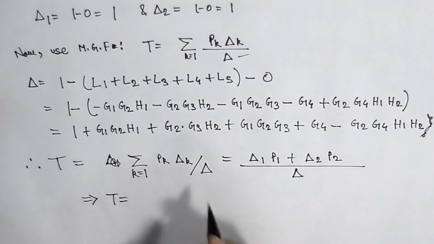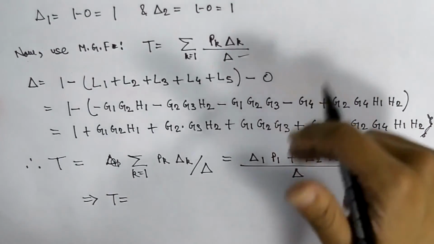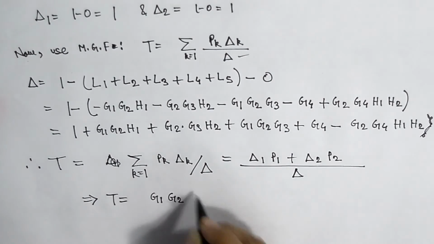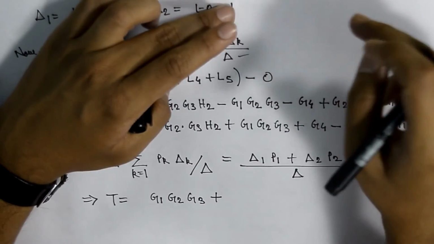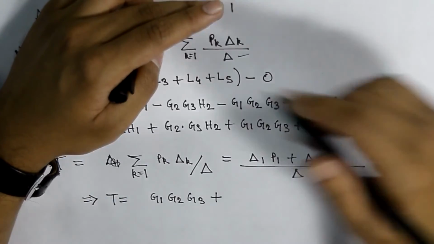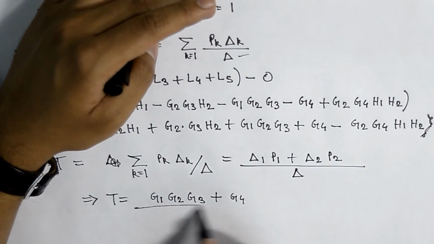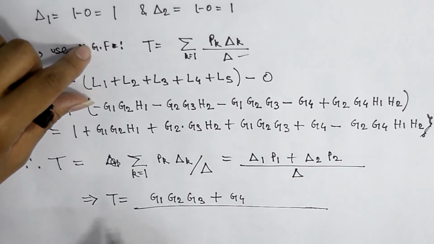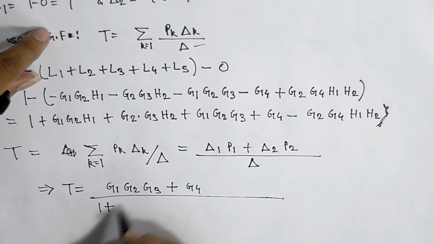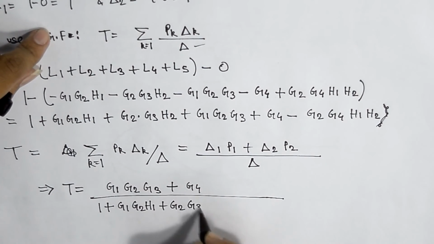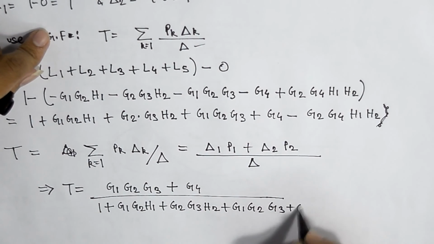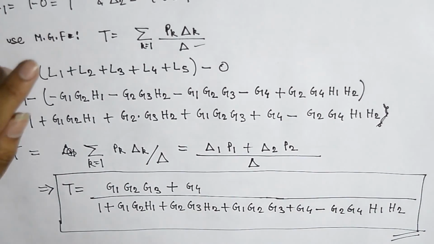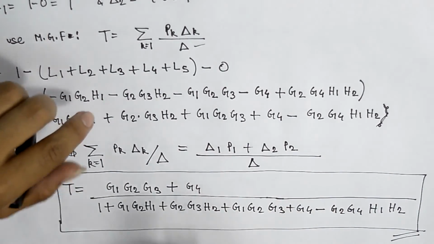T equals: delta 1 is 1, the result of P1 is G1 times G2 times G3, delta 2 is 1 and the result of P2 is G4. We will simply put the result of delta here. By calculating with Mason's gain formula, we have simply got this result.